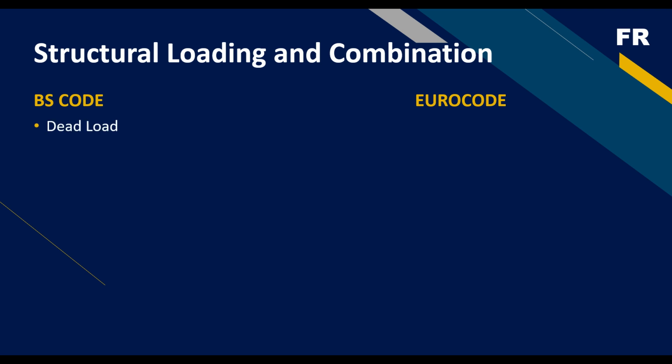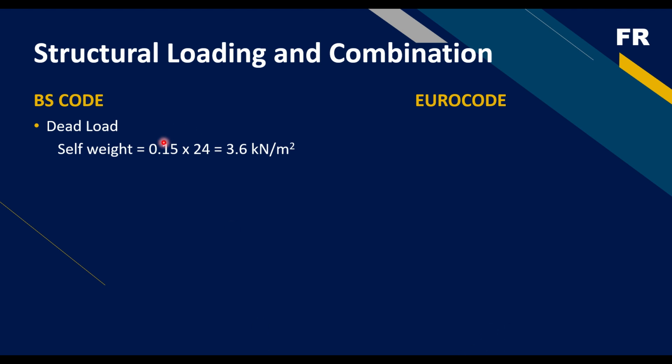So for the dead load, according to the BS code, we all know what the dead load is about. The dead load is the self weight of the material, or the weight of permanent structure on the slab, since this is a slab that we are designing. So the dead load will include the self weight of the slab.